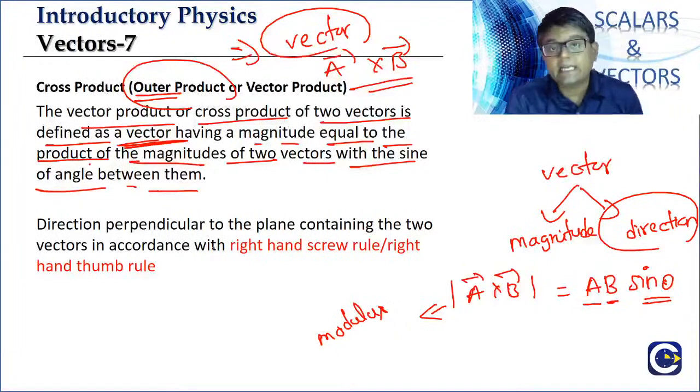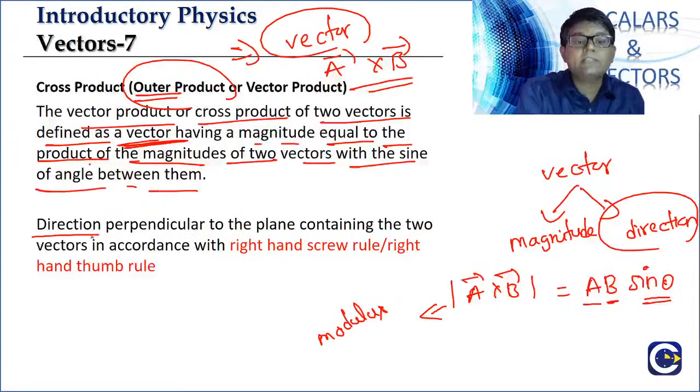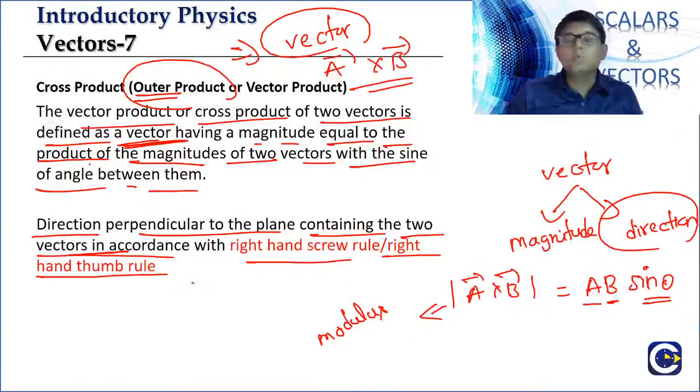The direction will be perpendicular to the plane containing the two vectors in accordance with the right hand screw rule or right hand thumb rule. We will see after some time what this rule is. But the information we know here is that the cross product direction will be given by this particular rule, which we call the right hand screw rule or right hand thumb rule.